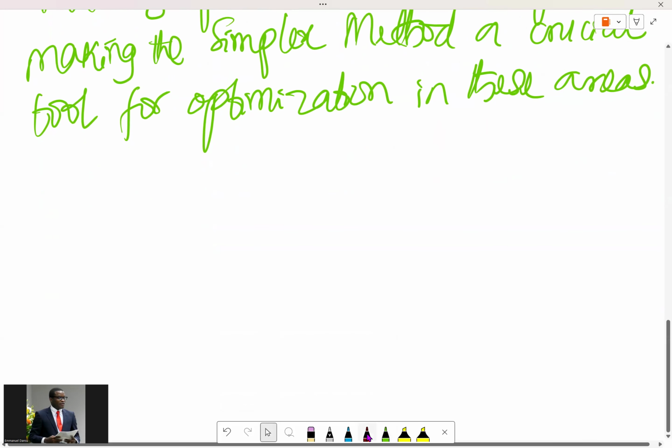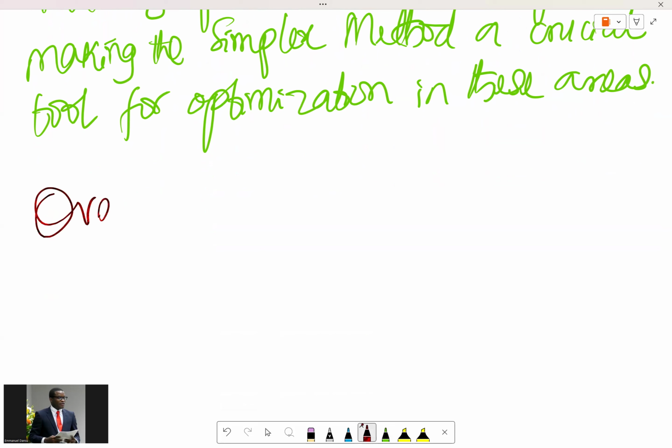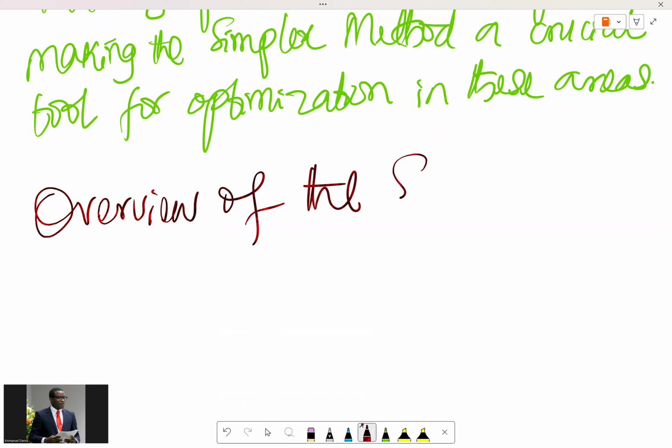Okay, so let's look at an overview of the simplex method.